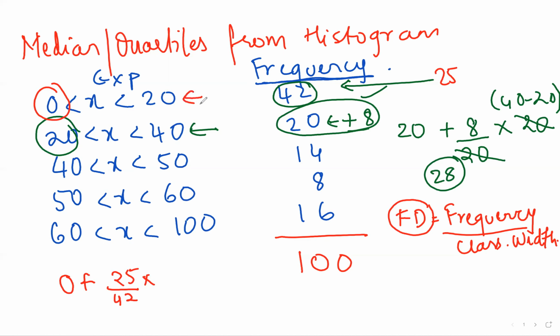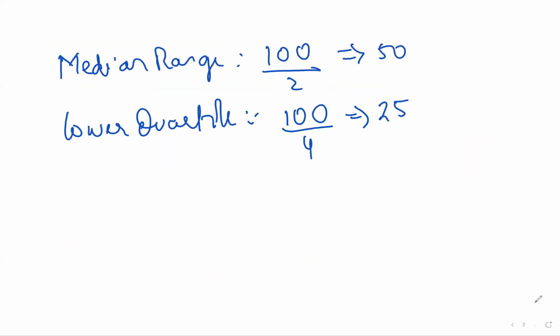So class width you will get from here, 20 minus 0, which is 20. So now straight away do it on the calculator. Definitely rule of BODMAS first. So 25 into 20 divided by 42 plus 0. So the answer is what? 11.90. So my lower quartile is 11.90.